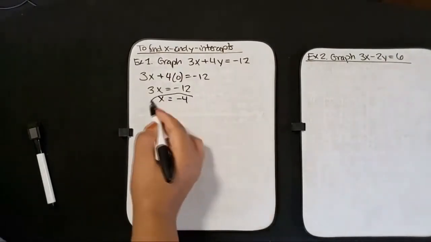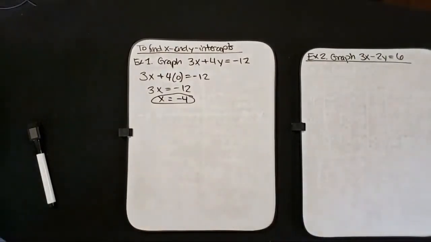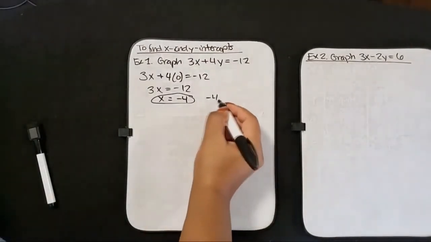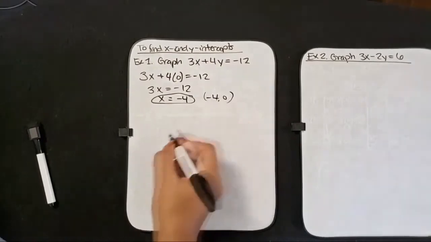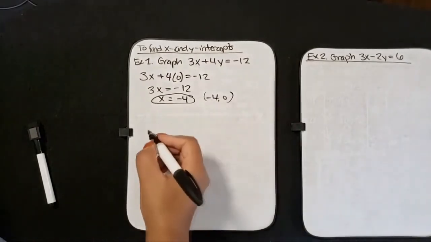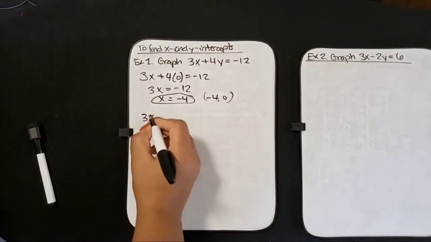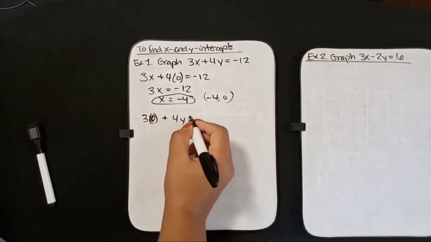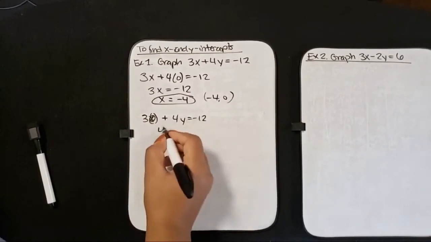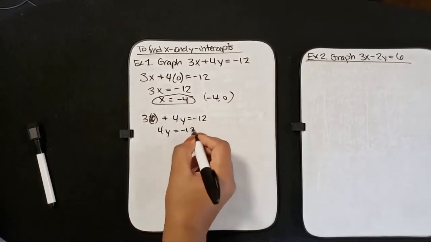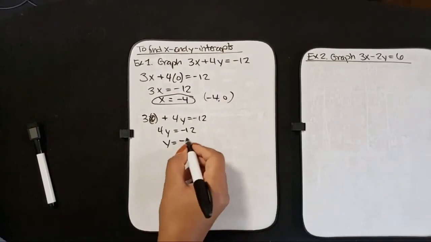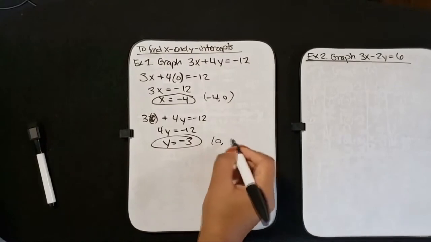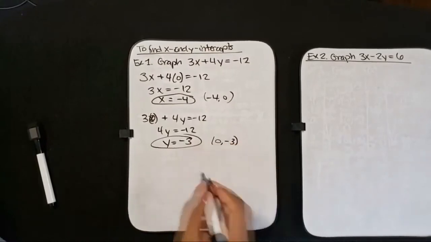So this is our x intercept. It's (-4, 0). Then to find the y-intercept, I'm going to plug in a 0 for the x. So I have 4y equals -12, and y will be -3, which as a point, will be (0, -3).